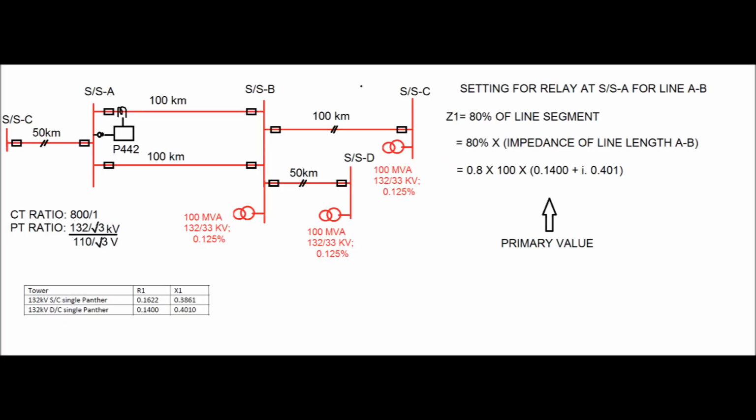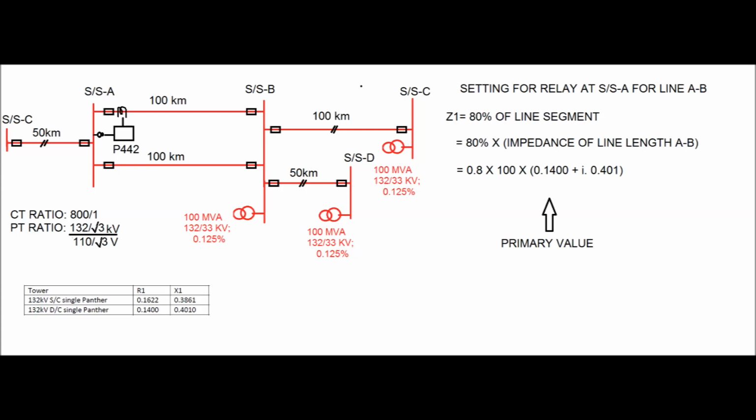Now what is the zone 1 setting? Zone 1 setting is given to cover 80% of the line segment. Now line length is 100 km, and positive sequence resistance is 0.14 ohm per kilometer, and reactance is 0.401 for 132 kV double circuit single Panther conductor.